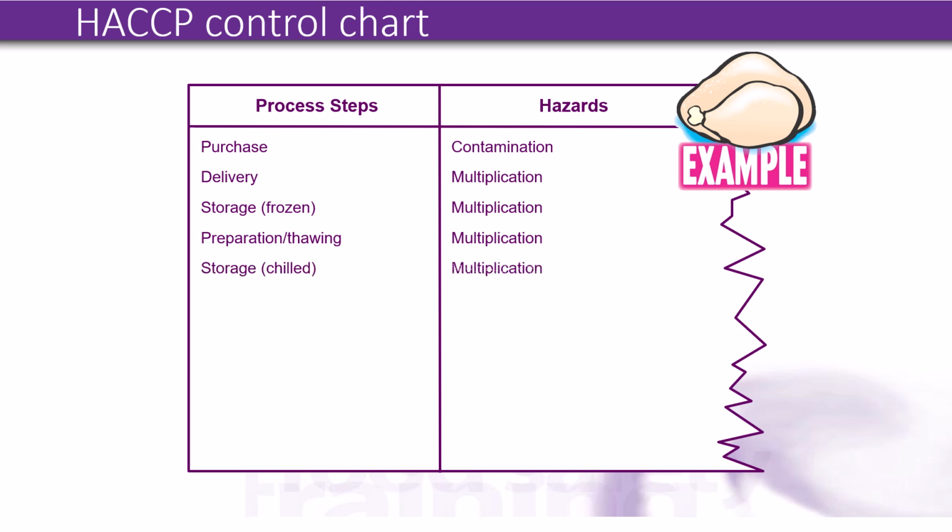Storage in chilled containers or fridges, multiplication again if the temperature is not low enough. Cooking, survival of bacteria if it's not cooked to an adequate temperature. Bacteria tend to start dying off at about 55 degrees C, so food must be cooked well above 55.